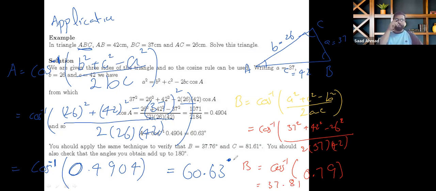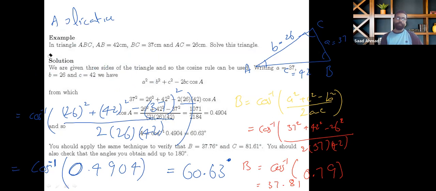And similarly, we need to find the angle C. So C will be equal to cos inverse of (A squared plus B squared minus C squared) over 2AB. Sorry, there is cos inverse outside.